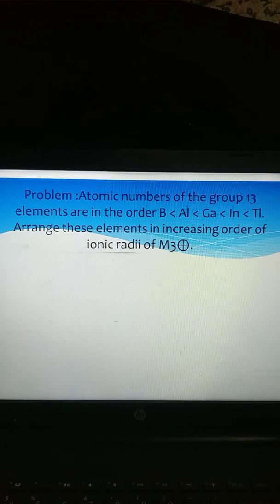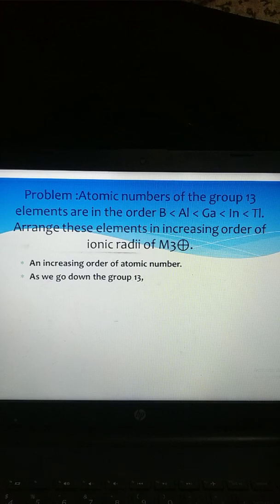Now the question is that you have to arrange these elements in increasing order of ionic radii of M3+. We are going to give the arrangement of the elements in increasing order.